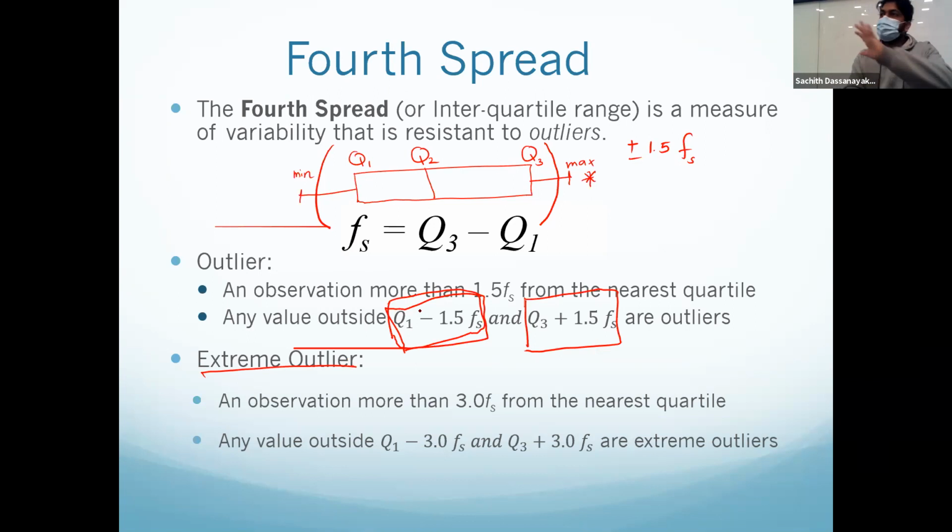To do that, the same way, but the values are Q1 minus 3 times fs, and from the right hand side Q3 plus 3 times fs. Okay, so the range can be a little bit bigger than for the outliers. Whatever is outside that range, from the left hand side or right hand side, we call extreme outliers, and we denote them by star marks.